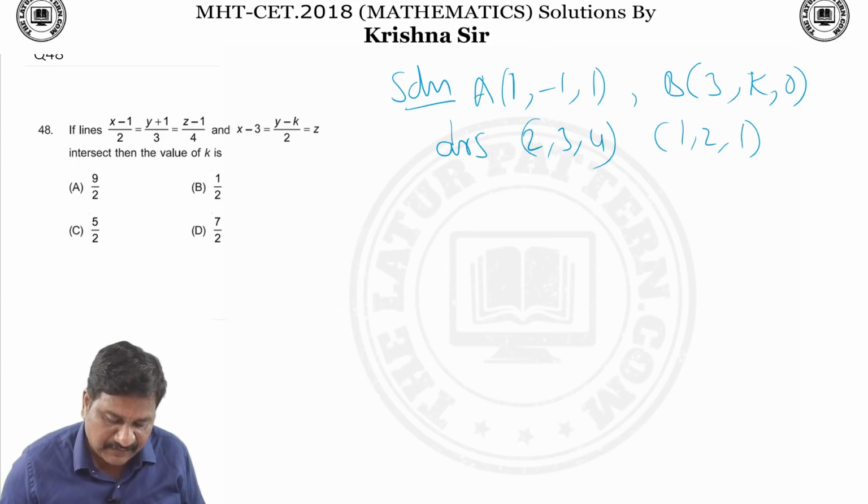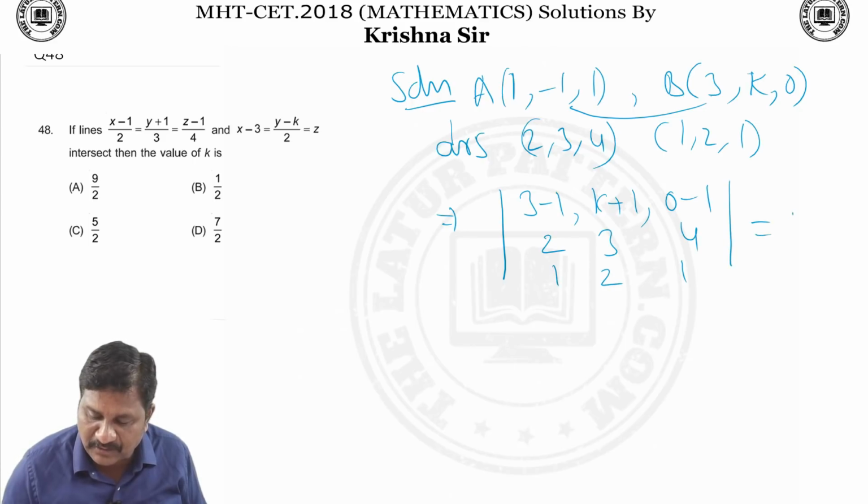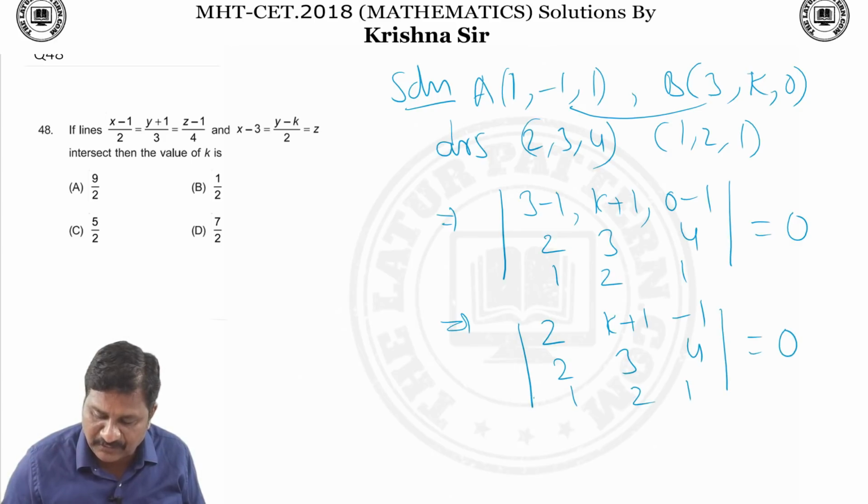Then they are intersecting, so the determinant of the difference of A and B, 3 minus 1, k plus 1, 0 minus 1, with the DRs 2, 3, 4 and 1, 2, 1, is equal to 0. Now find 2, k plus 1, minus 1, 2, 3, 4, 1, 2, 1, whose determinant is equal to 0.